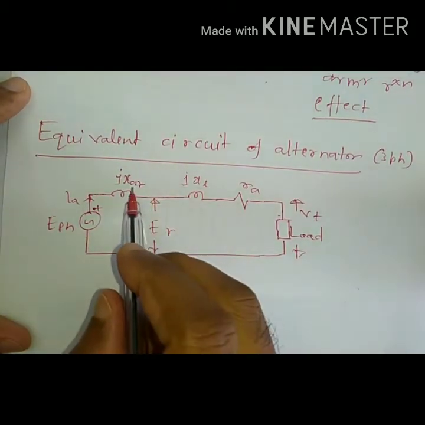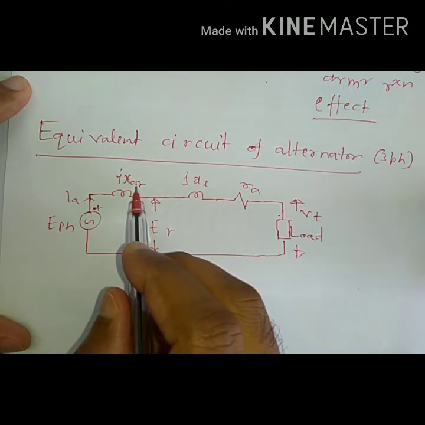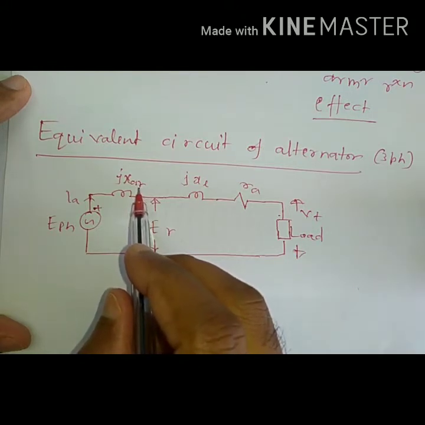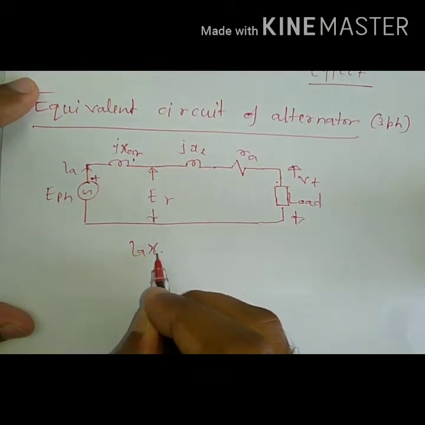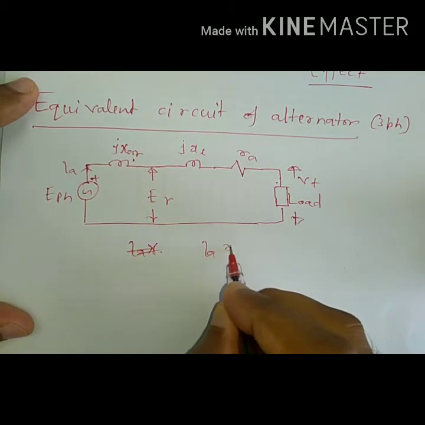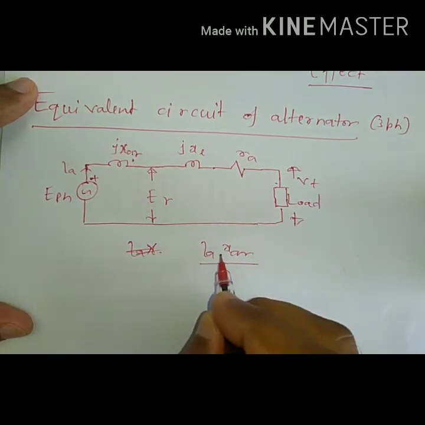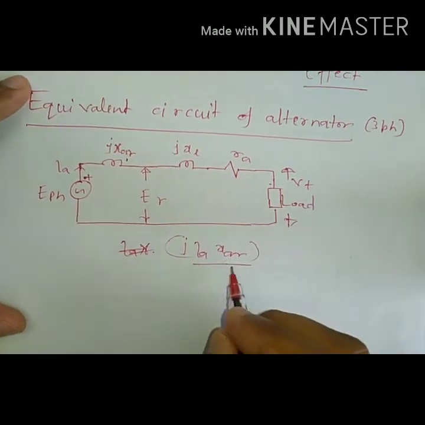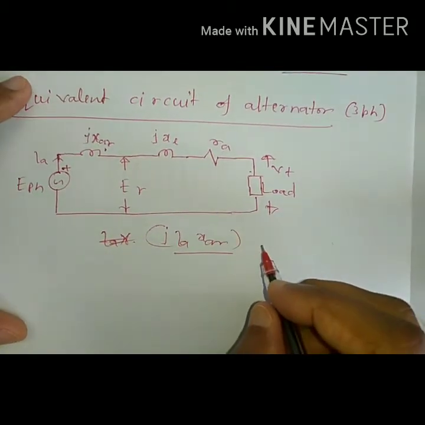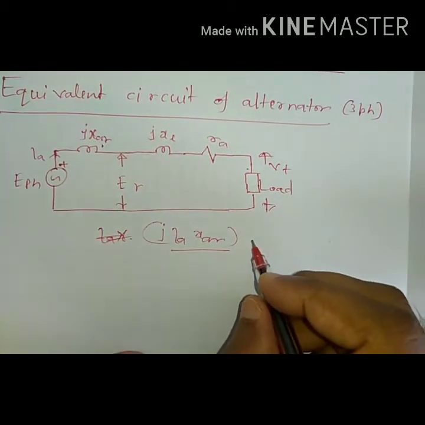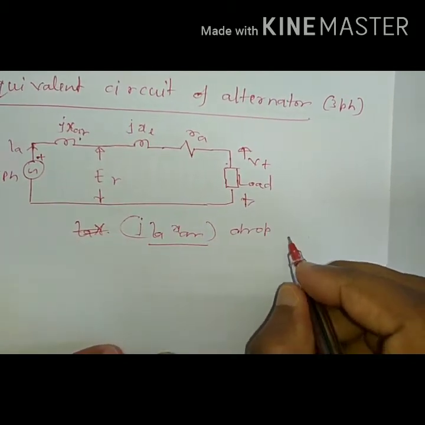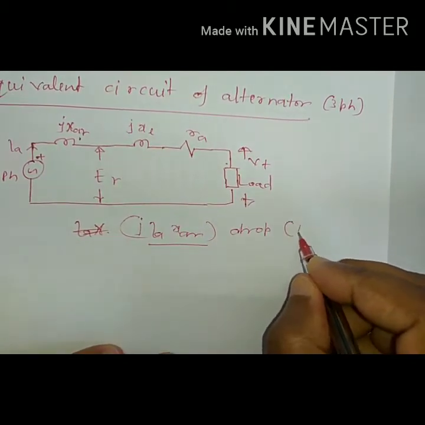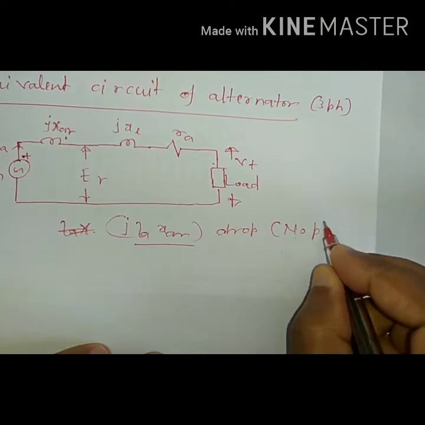Finally, this is XAR, the armature reaction reactance, and the drop due to this, IA XAR, is not across any physical element. No physical element.